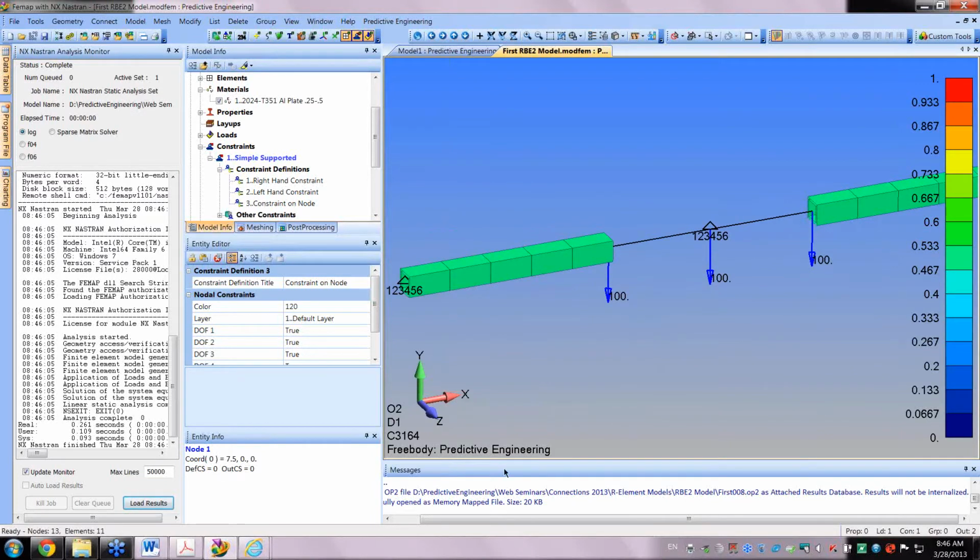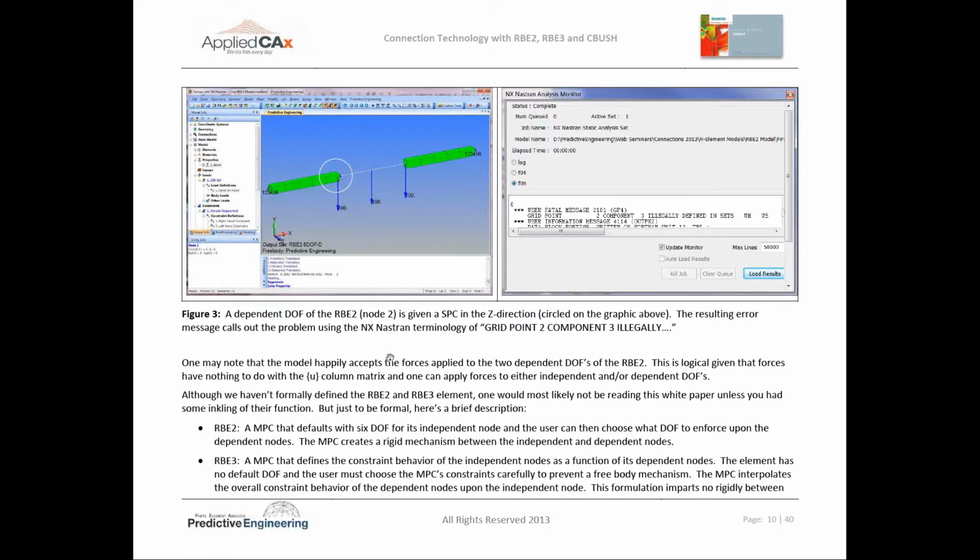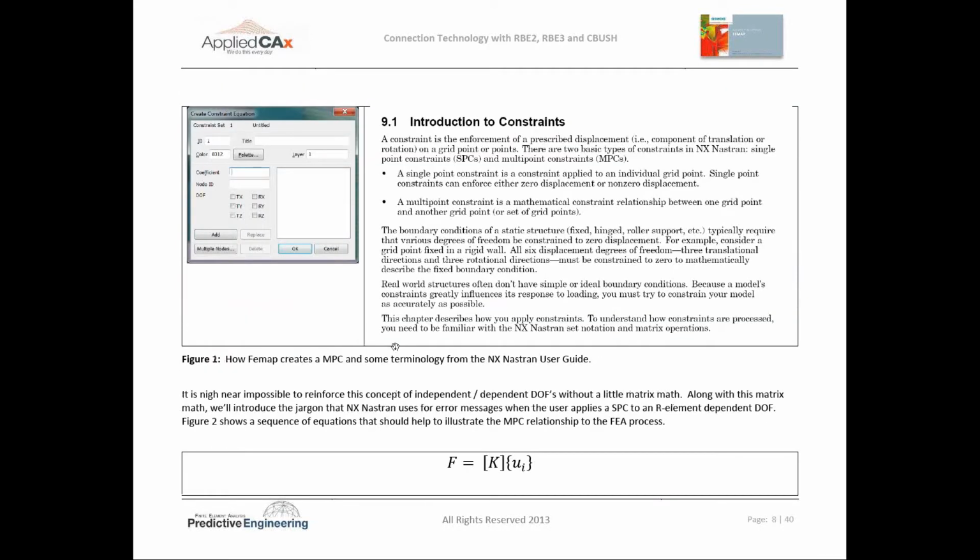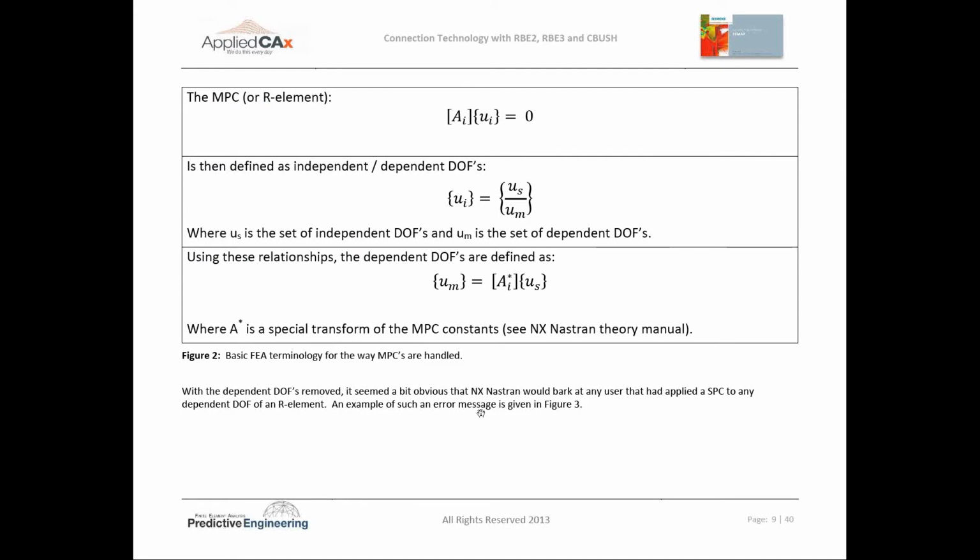Well, because F equals KU, multi-point constraints only affect the U side. Your Fs, your forces, you're free to do anything you want. Dependent, independent, it doesn't care because it's on the force side. So there are some really interesting things that also, for a few of you guys that have had some matrix math, you're saying, well, this is interesting because it operates on the constraints.